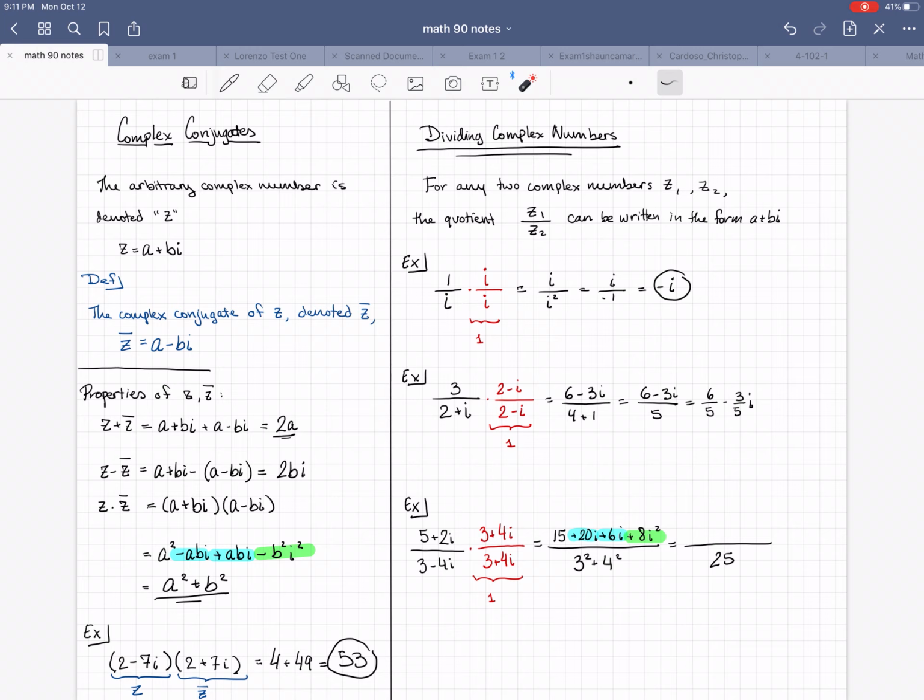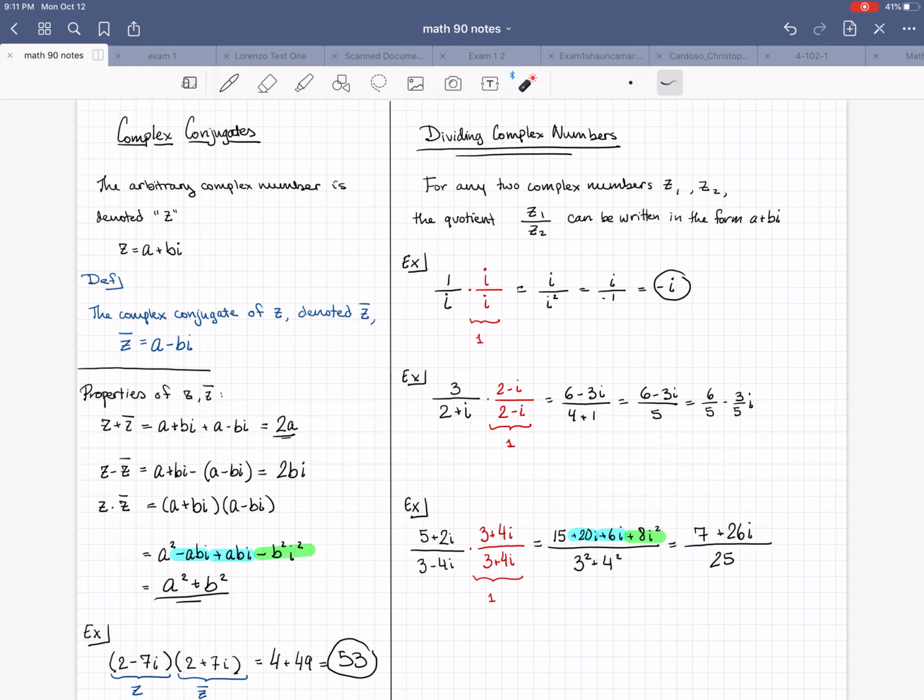So the 15 plus 8i squared combines to 7. The 20i and the 6i combine to 26i. So I have 7 plus 26i over 25.